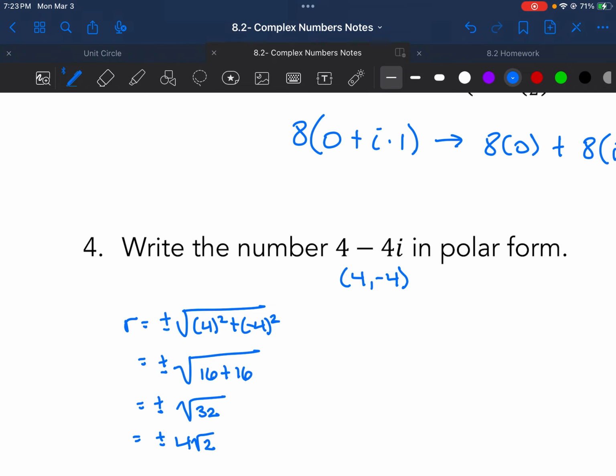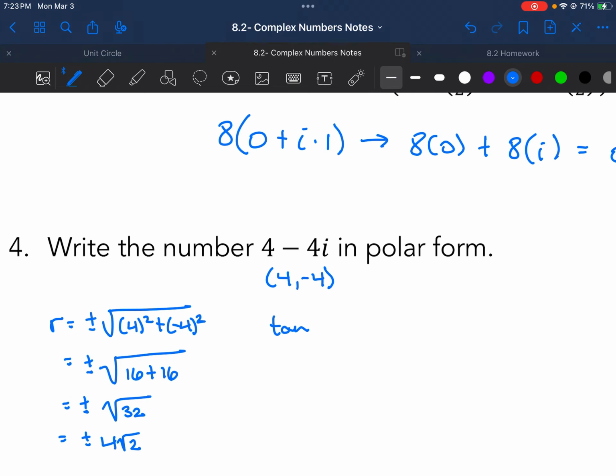And then our theta, tangent of theta equals the y value over the x value, negative 4 over positive 4, which equals negative 1. We do have tangent values from the unit circle that equal negative 1, and anytime you're finding your angle theta, you need to be aware of what quadrant you're in. So here, the point 4, negative 4 would be in quadrant 4.